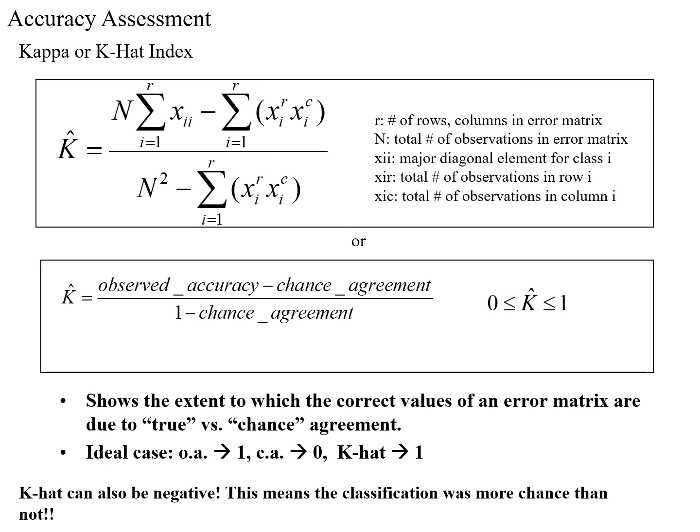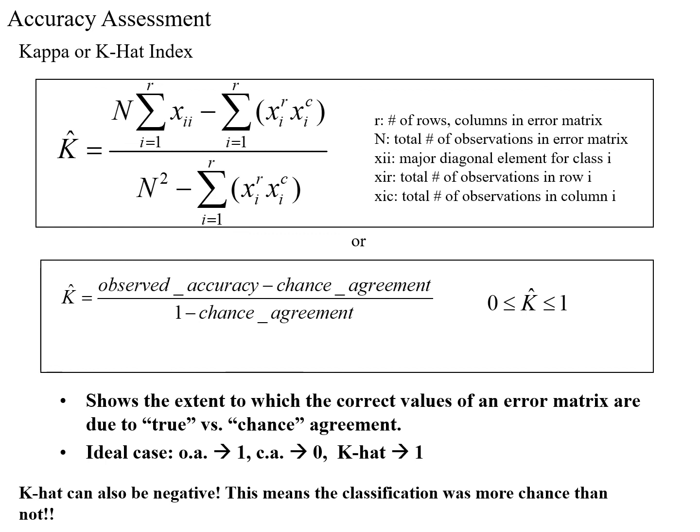All I want you to know is this, that k-hat is equal to the observed accuracy minus the chance agreement, which you get through the calculations that you're doing in the top box, divided by 1 minus the chance agreement.